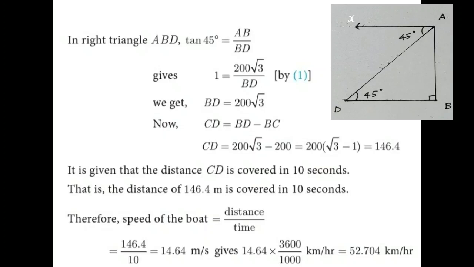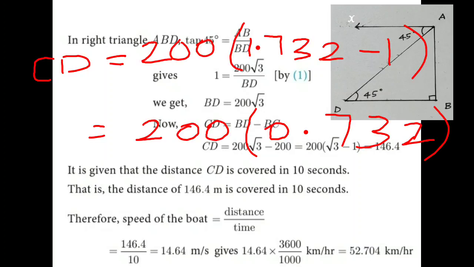CD is equal to 200 into 1.732 minus 1, since root 3 is equal to 1.732.